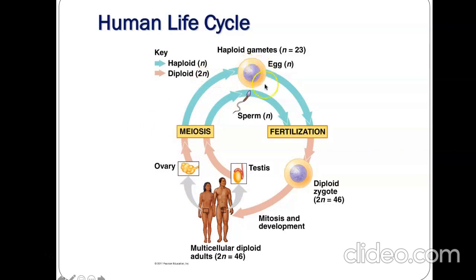Here is the haploid egg, here is the haploid sperm. Boom, they come together, fuse, they form a diploid zygote. Both sets of chromosomes, diploid. Through the process of mitosis and development, it forms a big human. So beautiful, right? And then the process just goes over and over again.